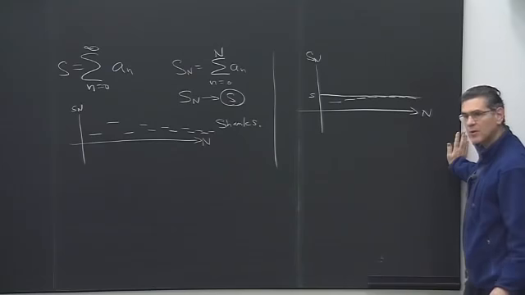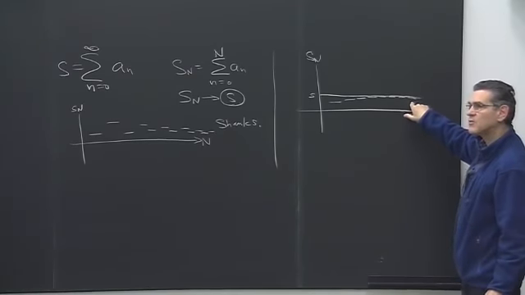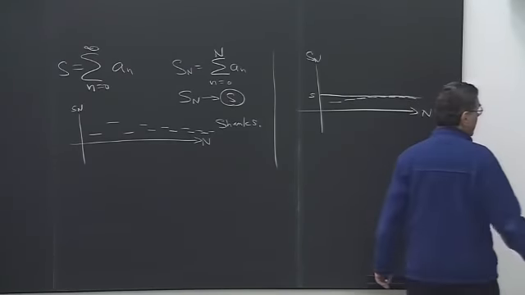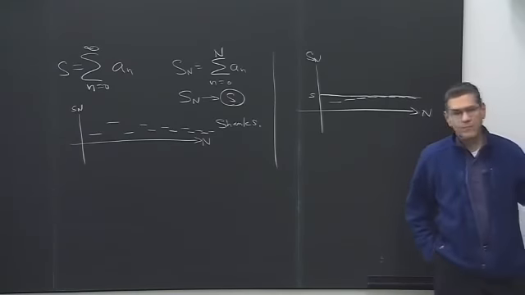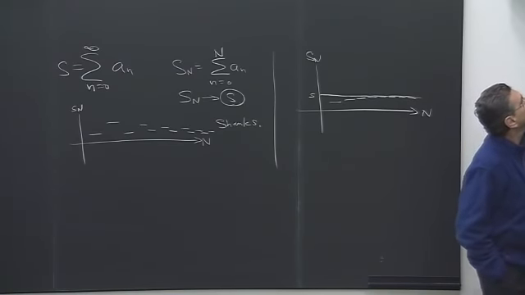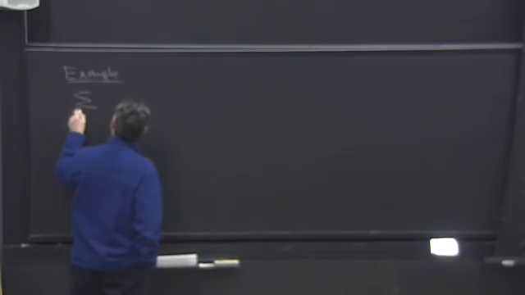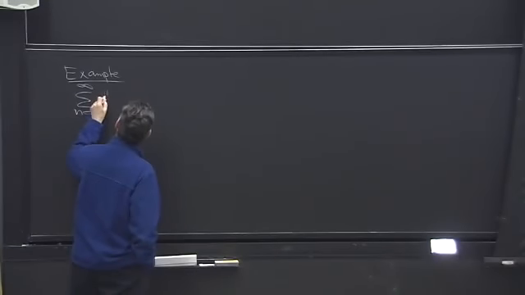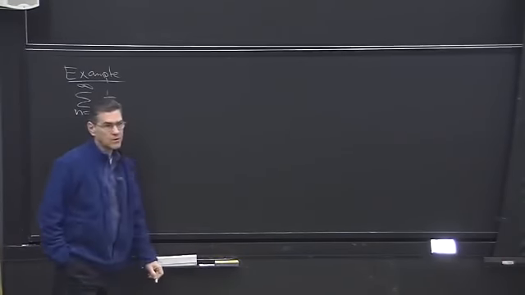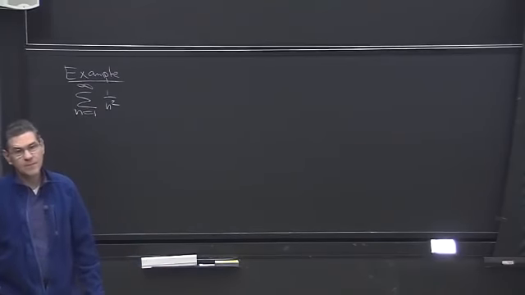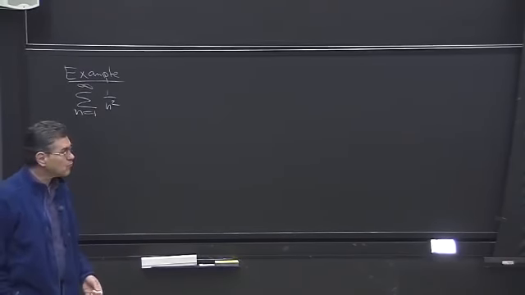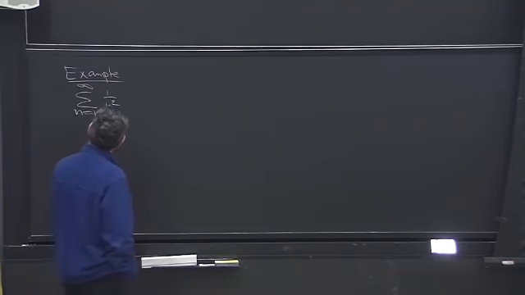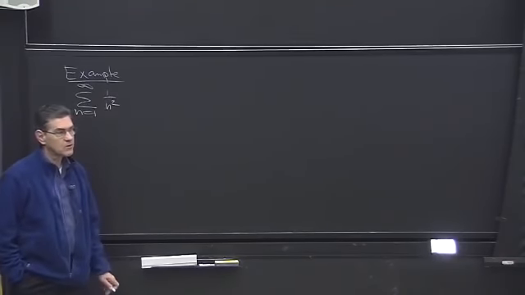What's a simple example of a series that behaves like this? Well, say the sum from n equals 1 to infinity of 1 over n squared. So the sum of the reciprocals of the squares of the integers.